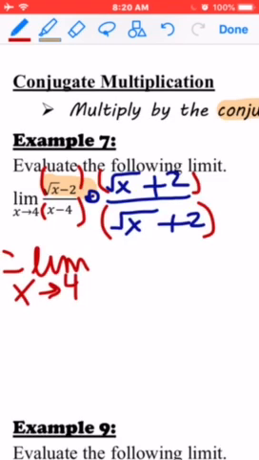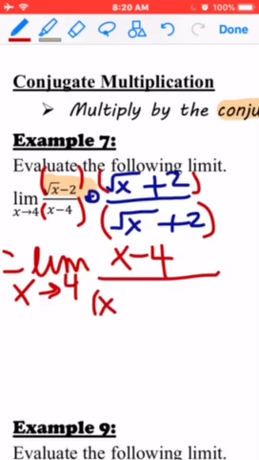The numerator, when you FOIL it out, will be x minus 4, because your middle terms will cancel. You can do this on the side if you need to. And then the denominator, if you're not FOILing there, you can just write it and we can do it together: x, square root of x plus 2, times x minus 4.